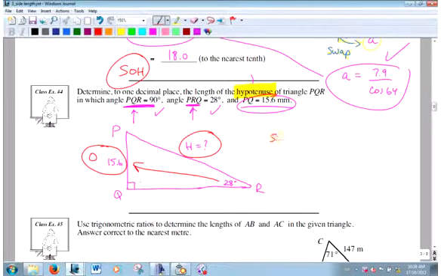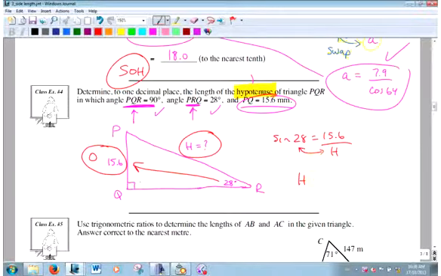Sine, yet again. So the sine of 28 is opposite over hypotenuse. Just like the last example, H is the denominator. How do I solve this for H? What's my little trick? Swap.